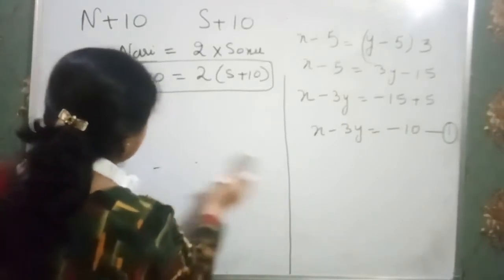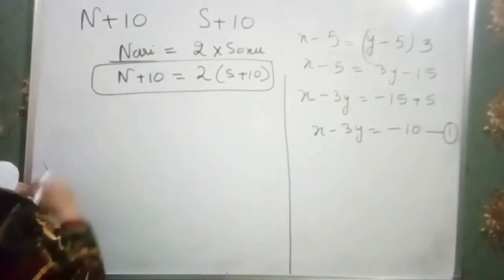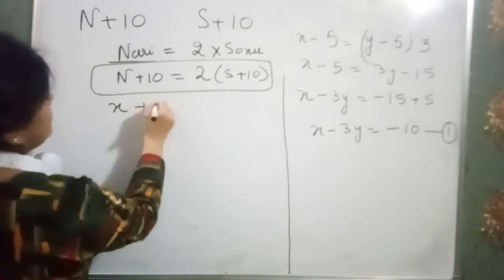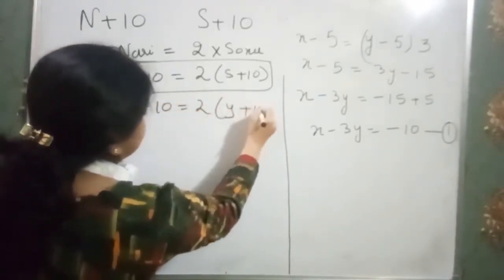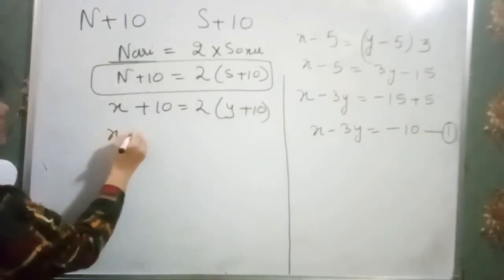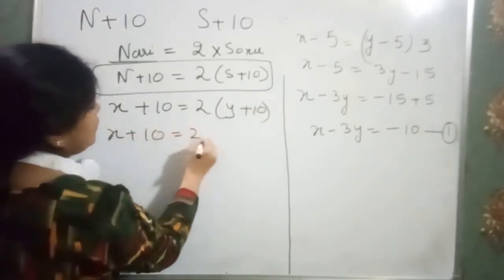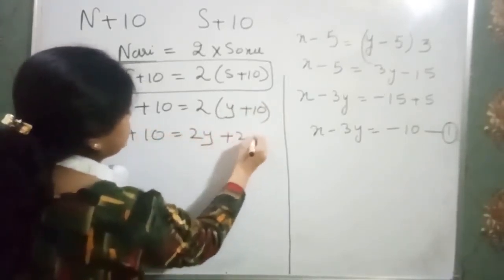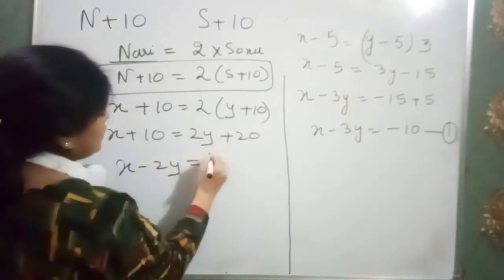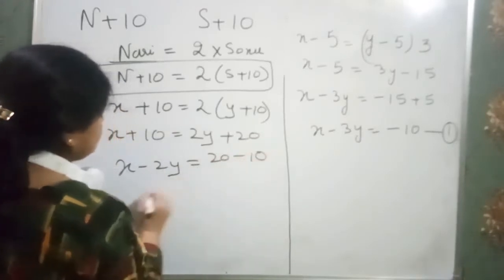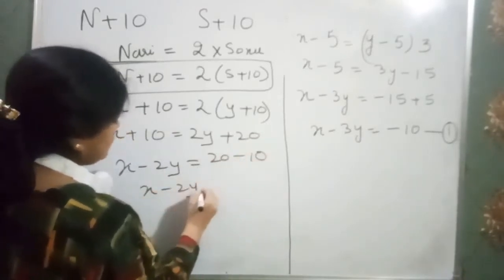Again for Noori I write x, and for Sonu I write y. Now solve it. We have x plus 10 equals 2y plus 20. Bring it over here: x minus 2y is equal to 20 minus 10. x minus 2y is equal to 10.